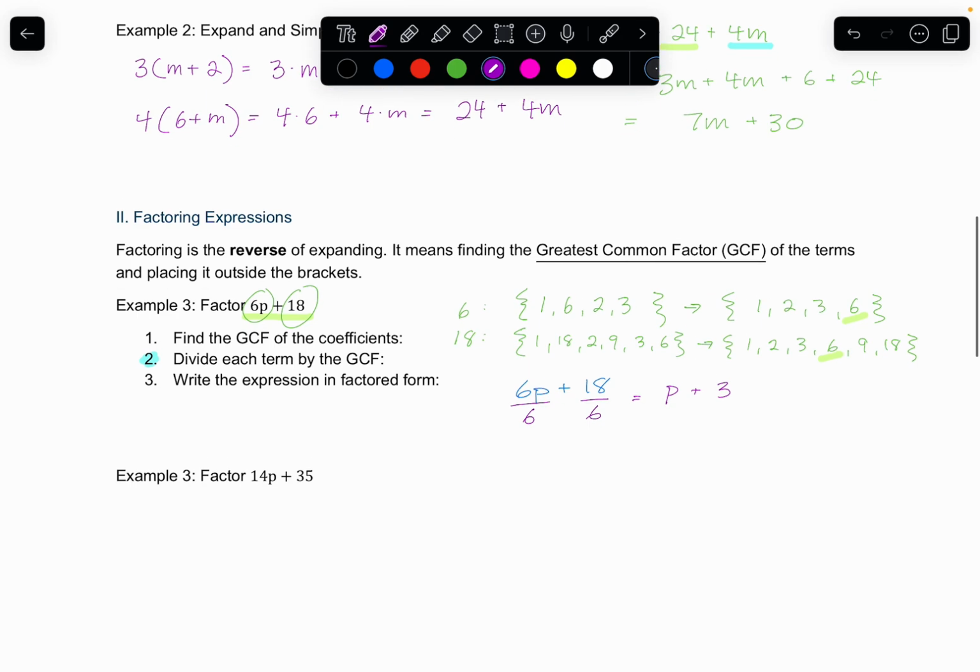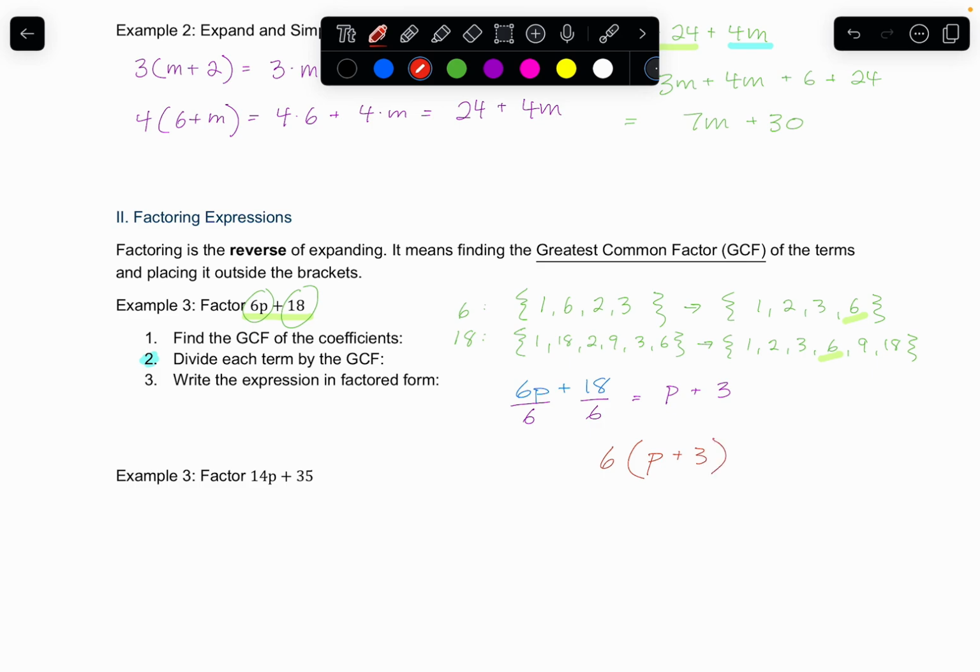Now we rewrite the expression in factored form. So our factor was 6. And so I'm going to put our 6 out here, and then inside our brackets goes each of our terms divided by our greatest common factor.